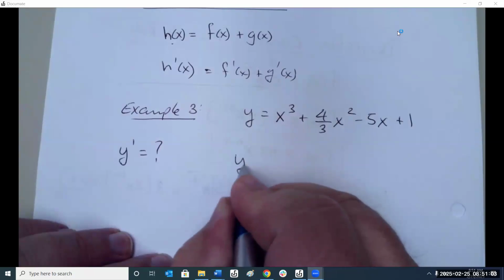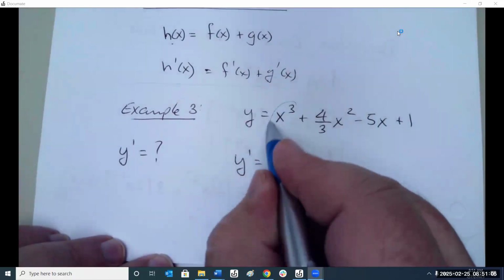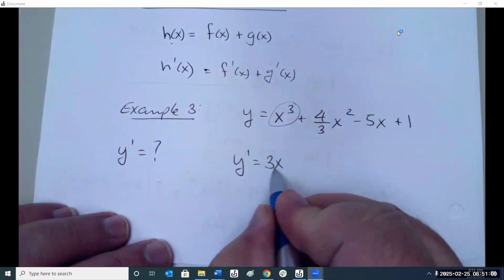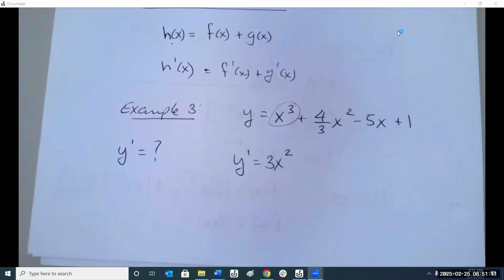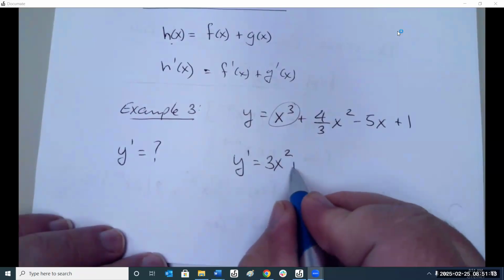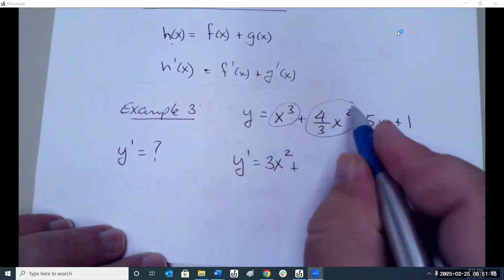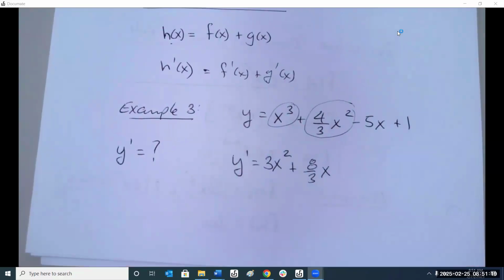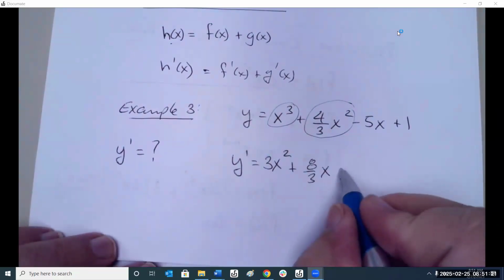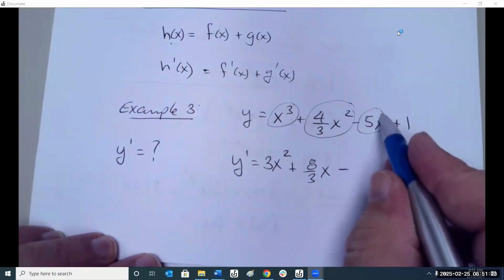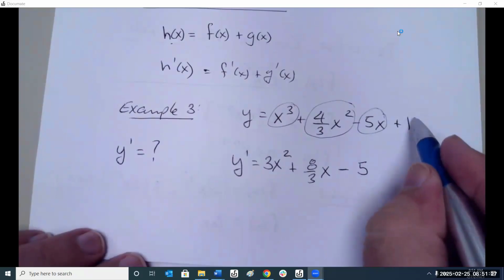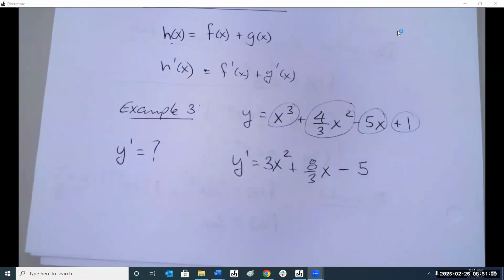So the derivative. What's the derivative of the first one? 3x squared. Plus, what's the derivative of the next one? 8 over 3x. The derivative, it's minus the derivative of the next one. The derivative of the next one, 0.